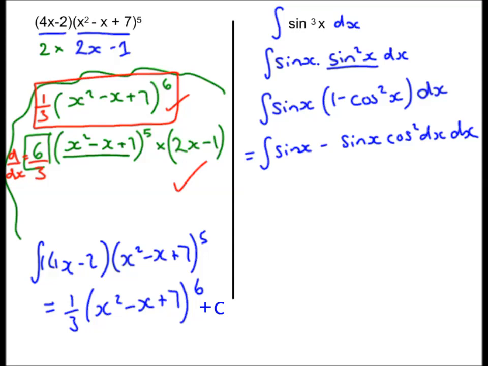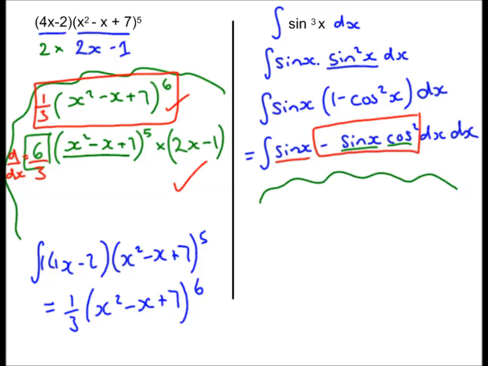Well, we know how to integrate sine x. We know that sine x integrates to minus cos x. What we need to have a look at is integrating our minus sine x cos squared x. Cos x I know differentiates to minus sine x. So here we have our f dash x times our f of x to a power. Just like before, in a bit of a thought bubble, I'm going to add 1 to my power.